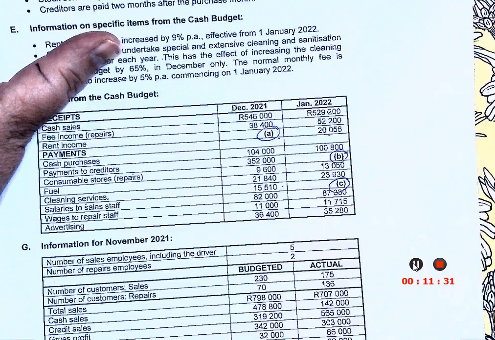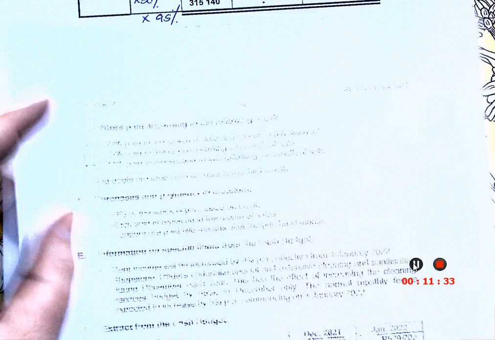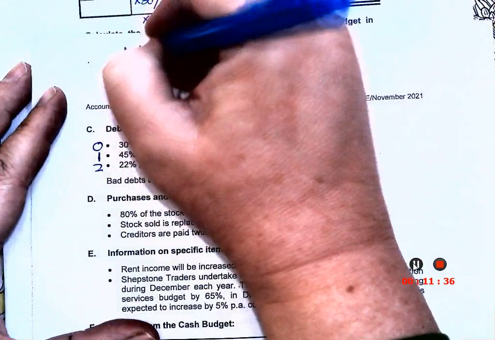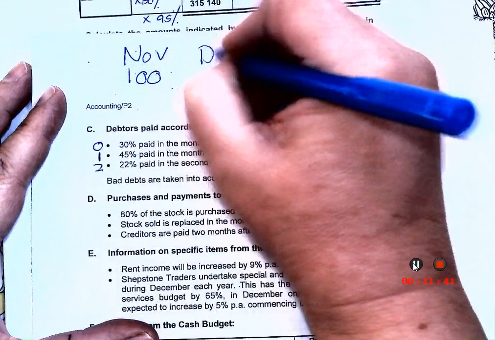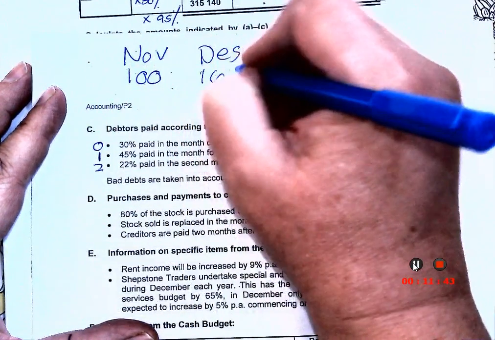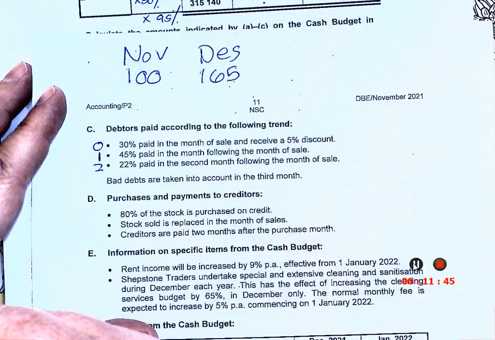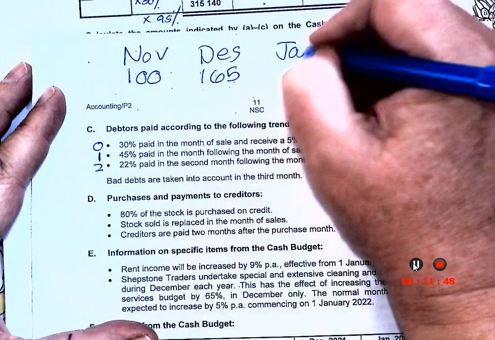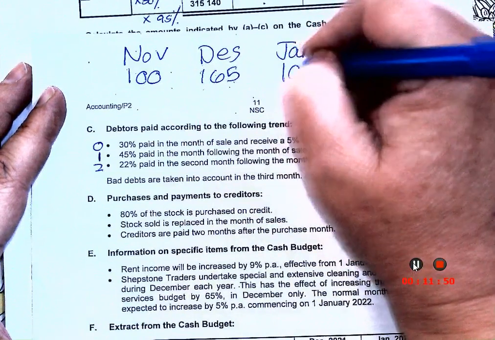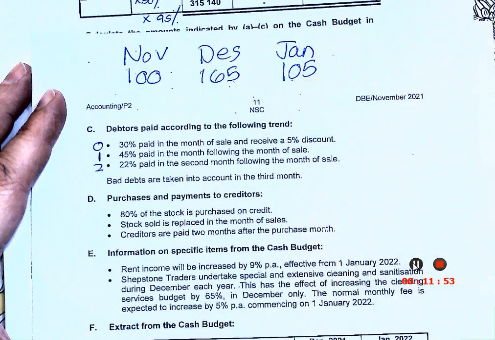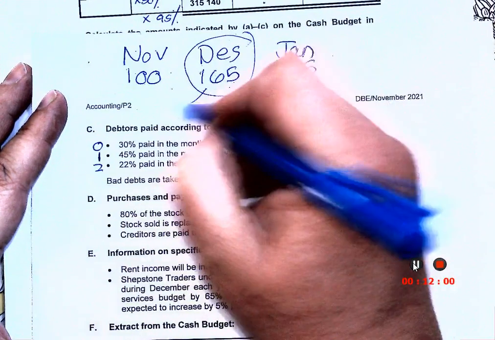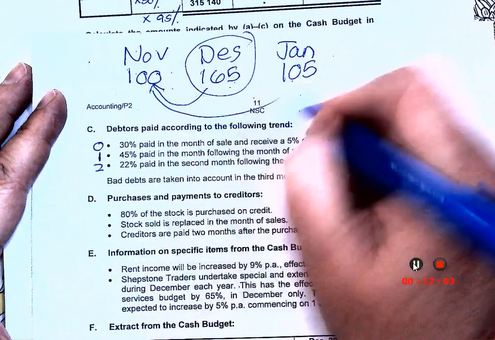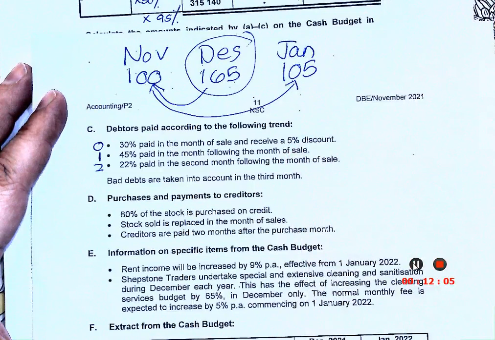So in other words, if I look at November, we paid 100%. December we paid 65% more. January, there's an increase of 5. So what am I going to do? They give me this one. I first need to work it back to that one, and then take it to that one. Does that make sense?